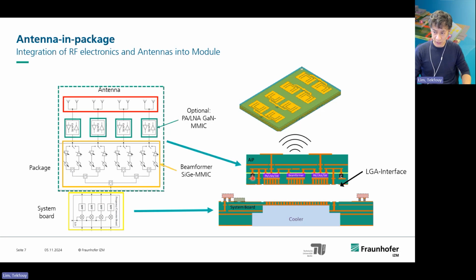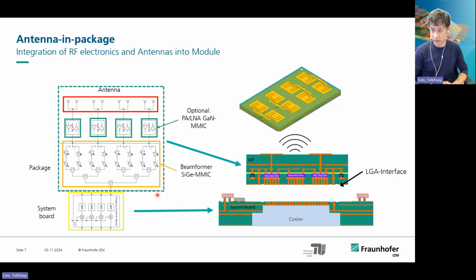We place some decoupling capacitors if needed within the package, and then route out above for the antenna if we have some transmissions, and also have the possibility to route down to the system board, where we can have all the power supplies and the digital control.